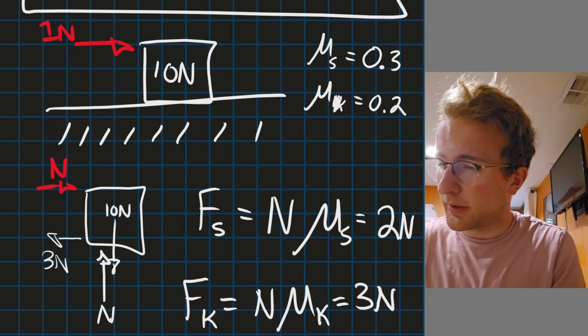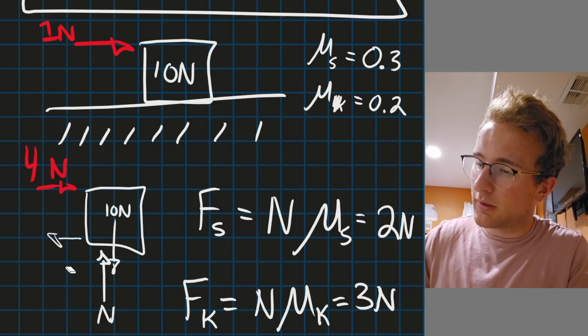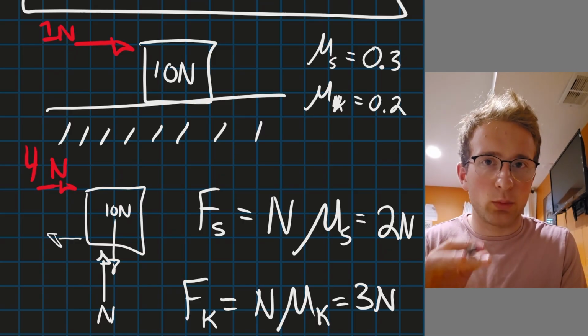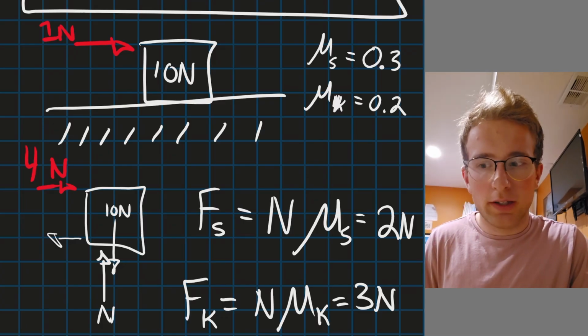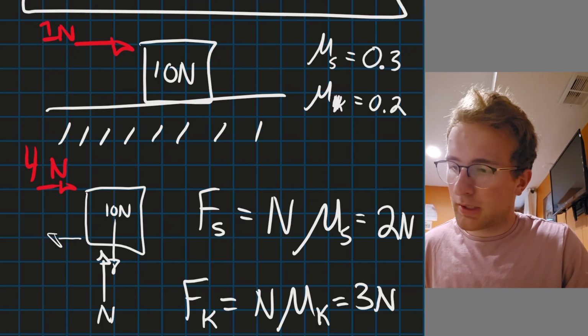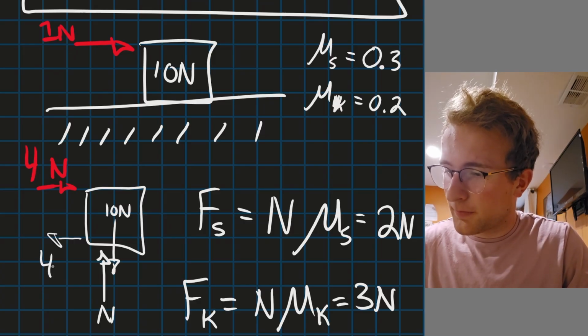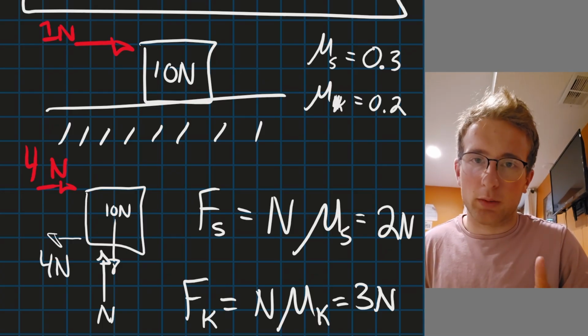All right, so let's say this was 4 newtons. If the box started off not moving relative to the ground, because there's no relative motion, we are working with static friction. How much static friction does there need to be? 4 newtons to make the sum of the forces in the x equal to 0.